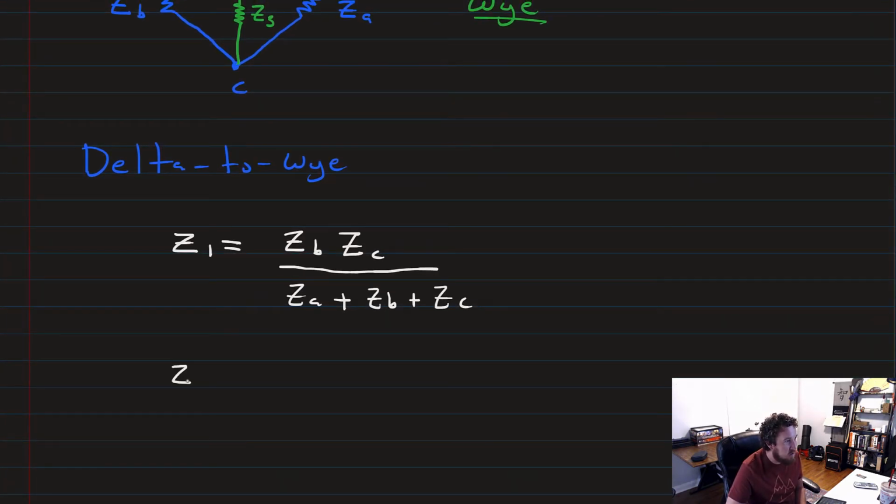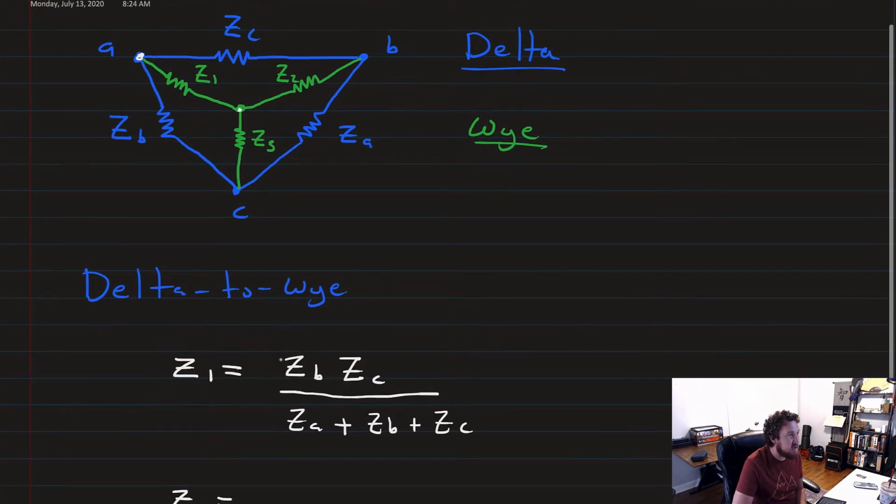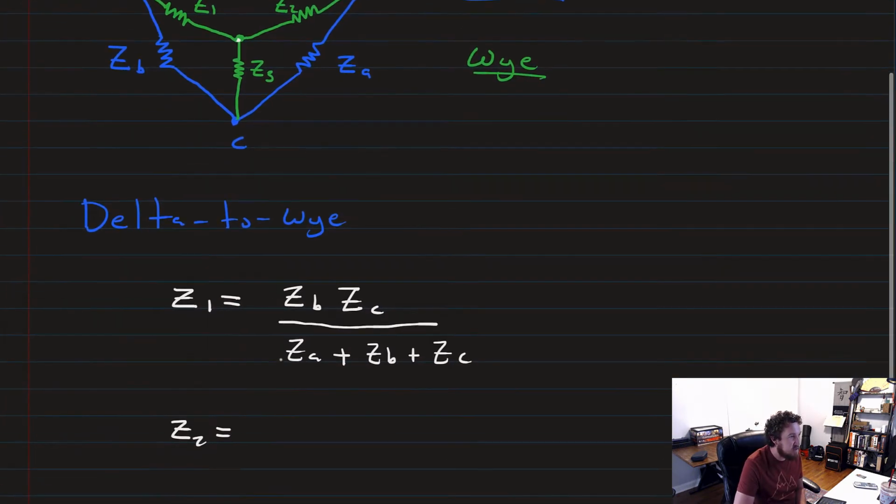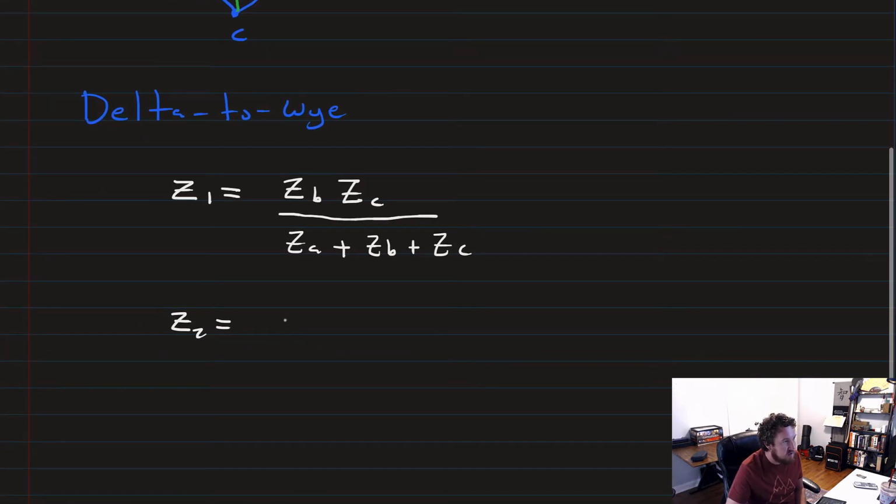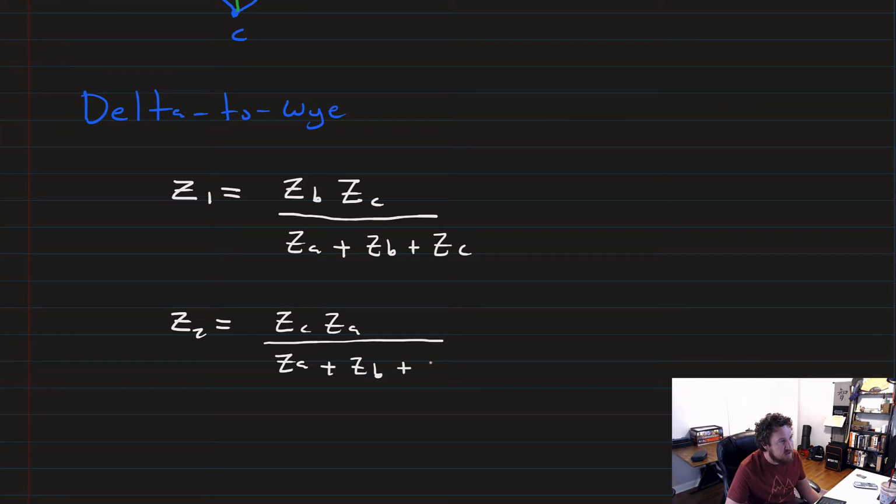Z2 is just equal to, so we look at Z2, it's connected to ZC and ZA. So that's the product ZC times ZA over the sum of all of them, ZA plus ZB plus ZC.